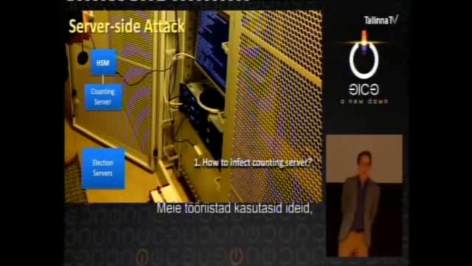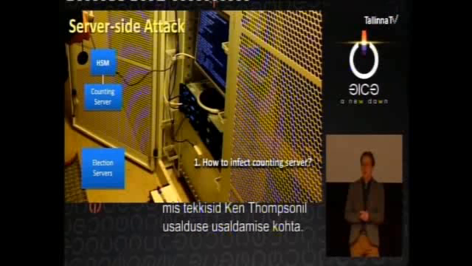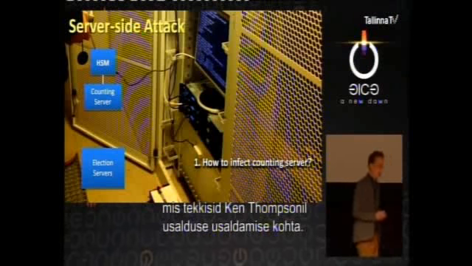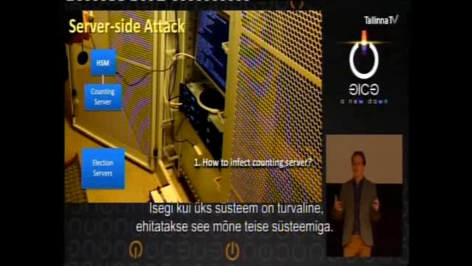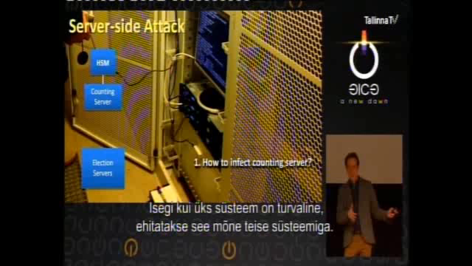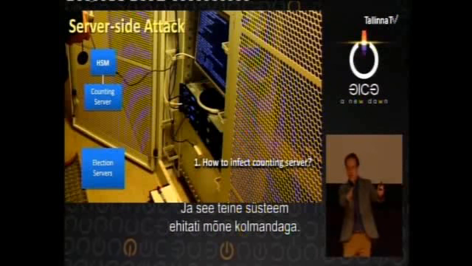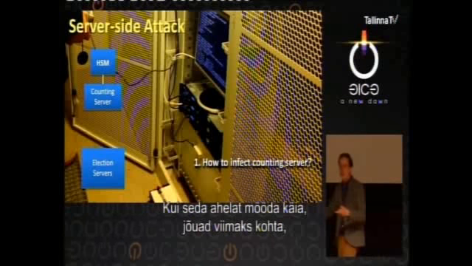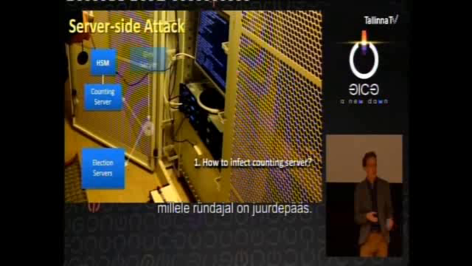So our tool chain basically draws on the idea from Ken Thompson's Reflections on Trusting Trust, which says that even if one system is secure, you needed some other system to build it, and you needed some other system to build that one. So if you follow that chain, eventually you'll come to some place that the attacker has access to.